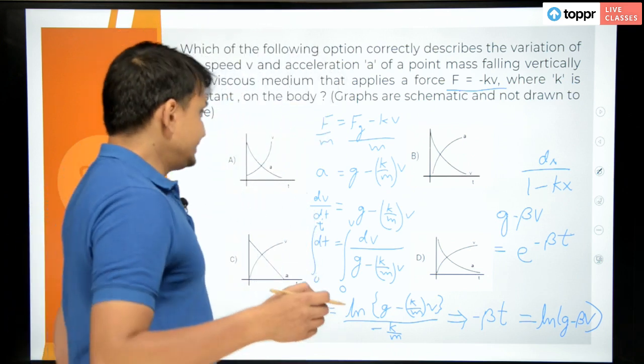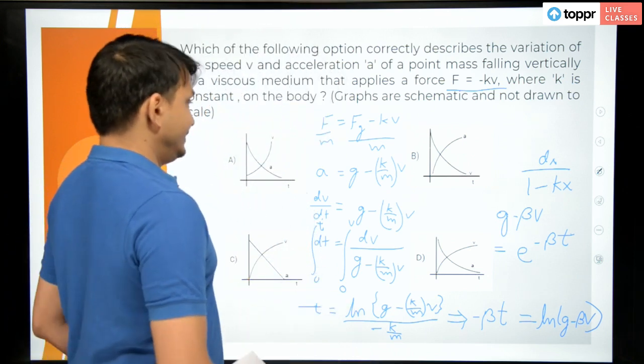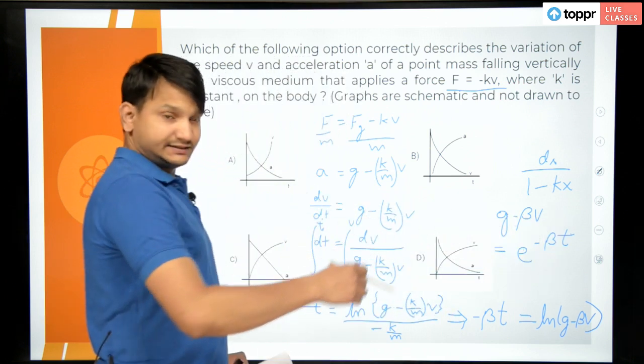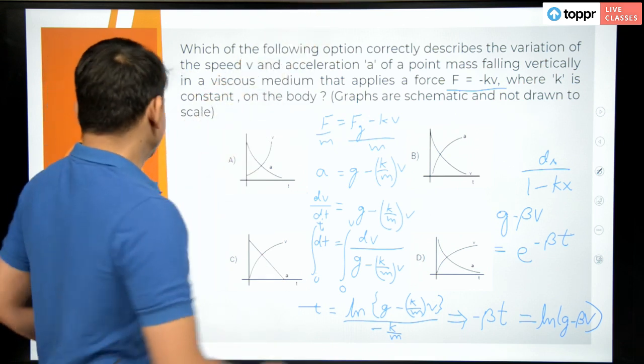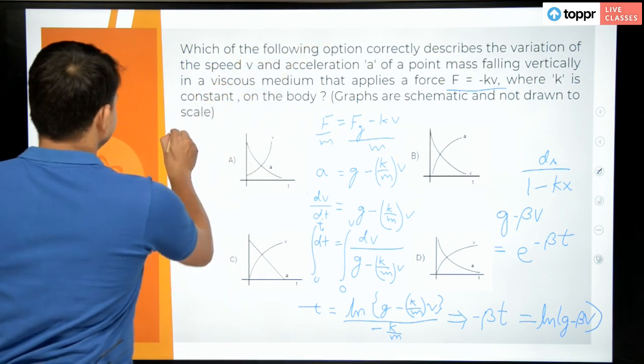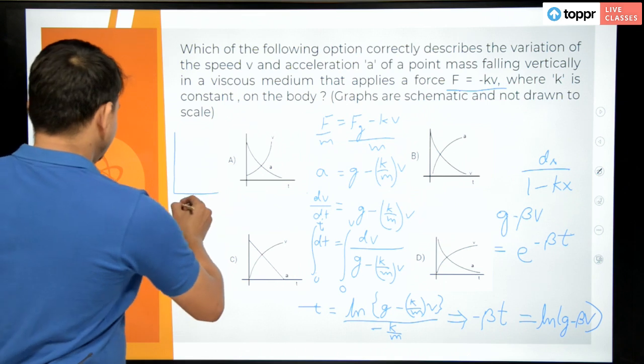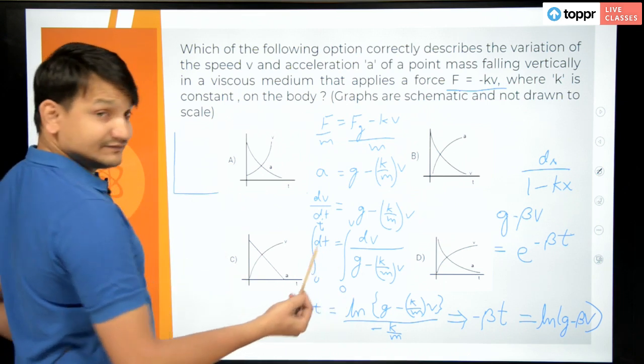So, our graph of this thing would look like something that grows with time. It would be something of this sort. We are calculating V, right?